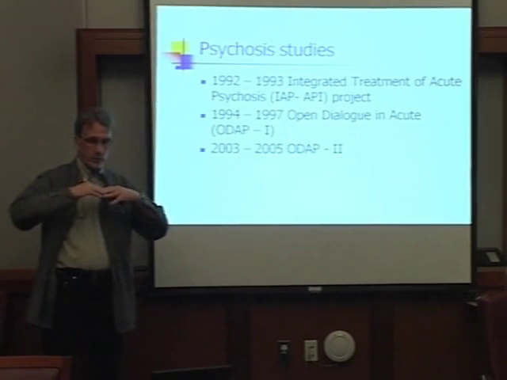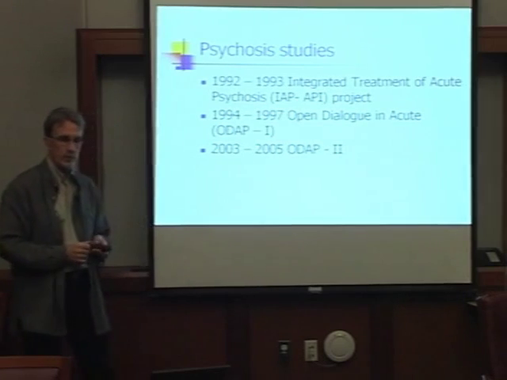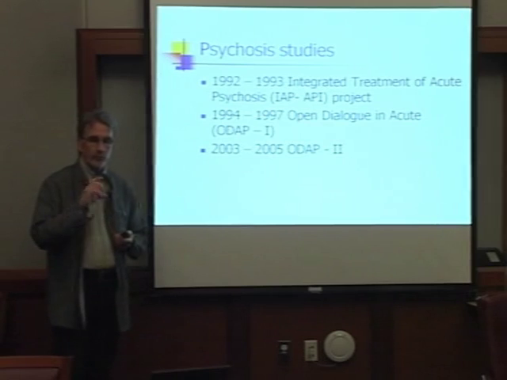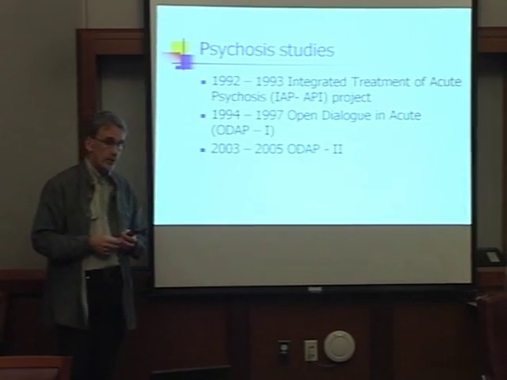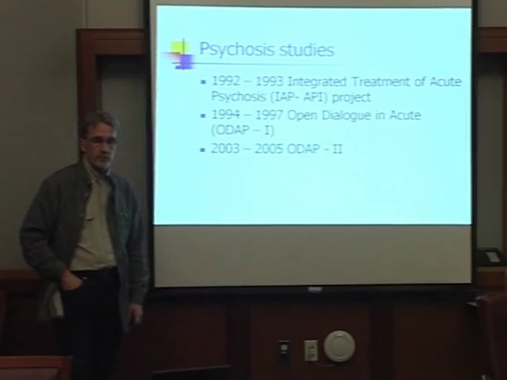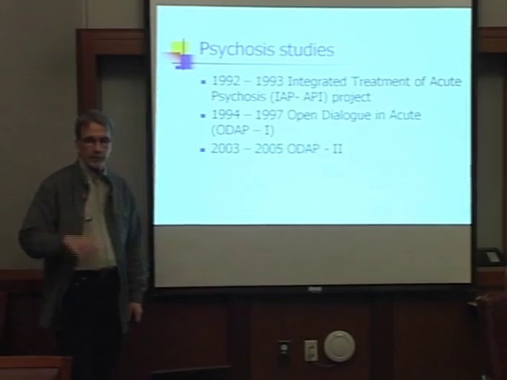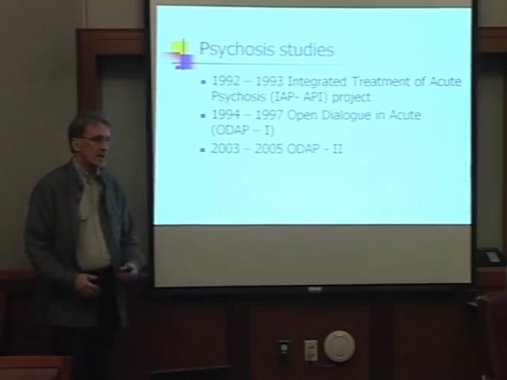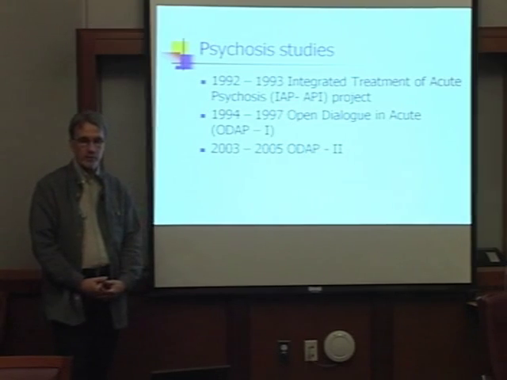These studies concern first-episode non-affective psychotic patients who made a contact. The first inclusion period was from 92 till the end of 93. It was a part of a Finnish national study named Integrated Treatment of Acute Psychosis.